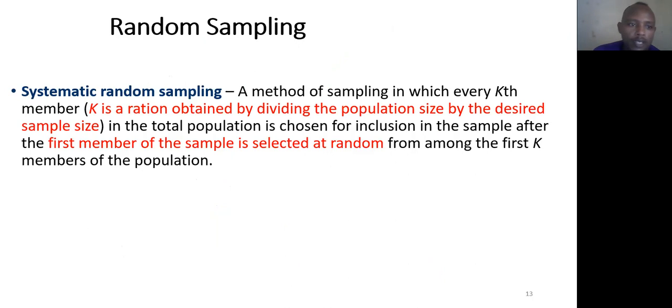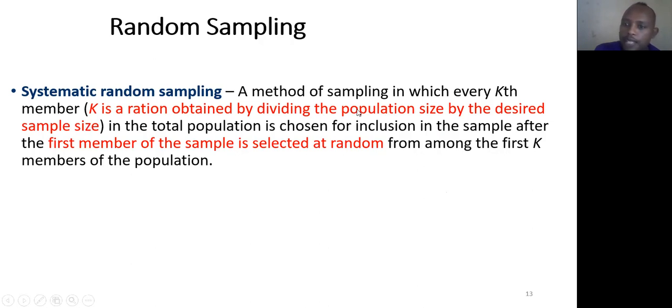Let us look at the systematic random sampling method. Here we have a certain list of people or target population, and we select case numbers of such target population. How can we get the case number? We divide population size by desired sample size.